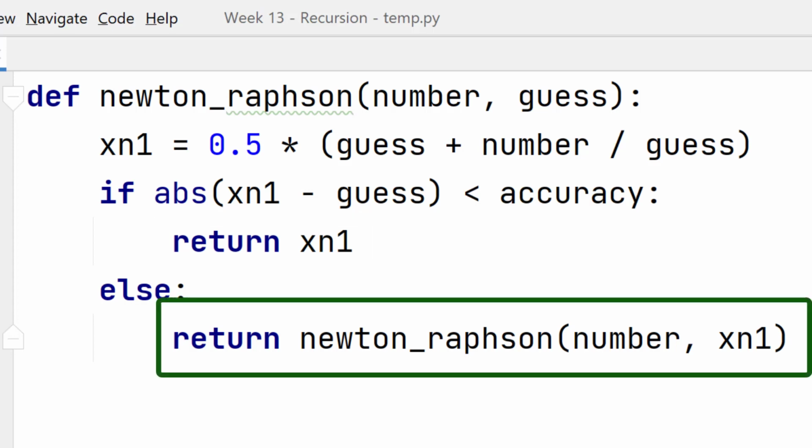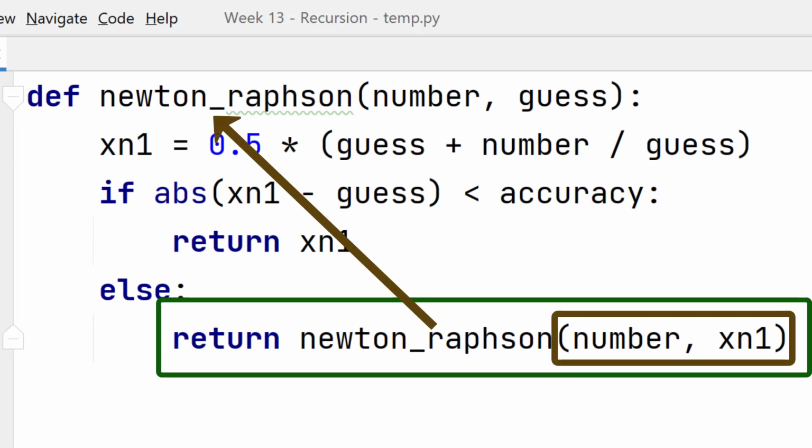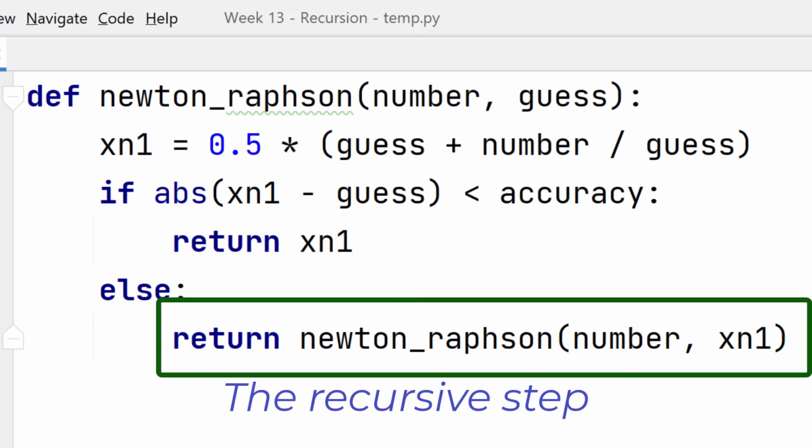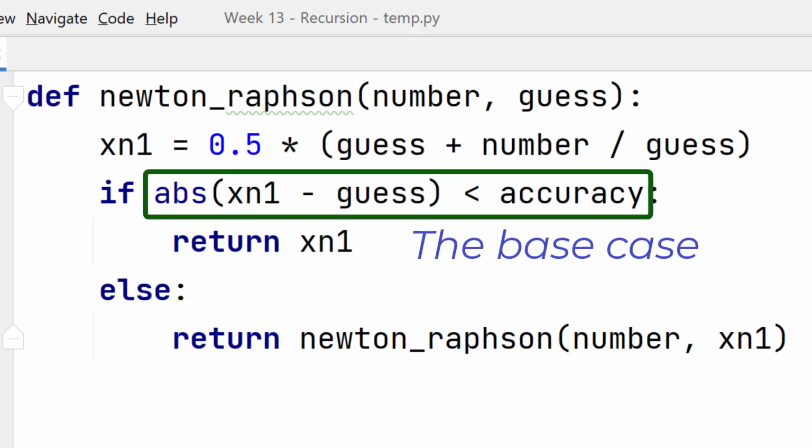If it isn't, I then do the Newton-Raphson method again, giving it the number and this new guess. That's the clever bit. The guess that goes into the top is the new guess that it's calculated. That's the recursive step. And the base case is the absolute of the difference between the 2 guesses.